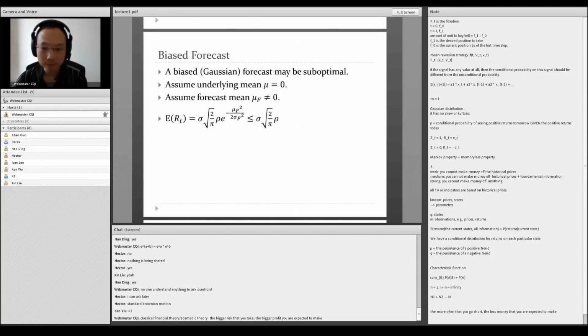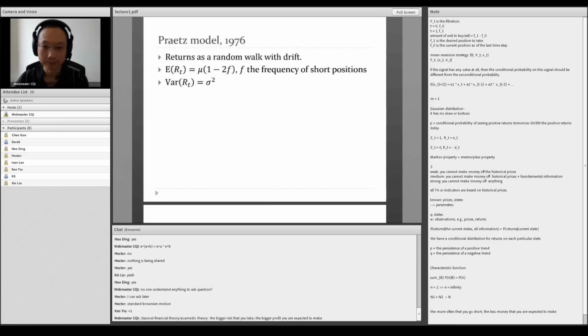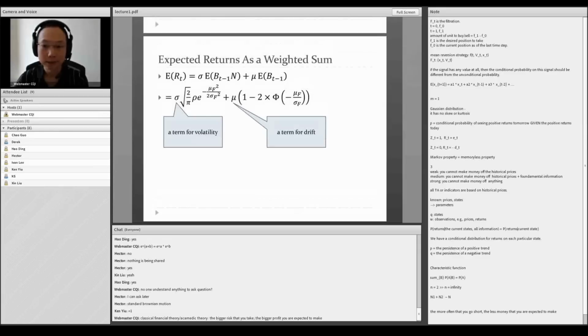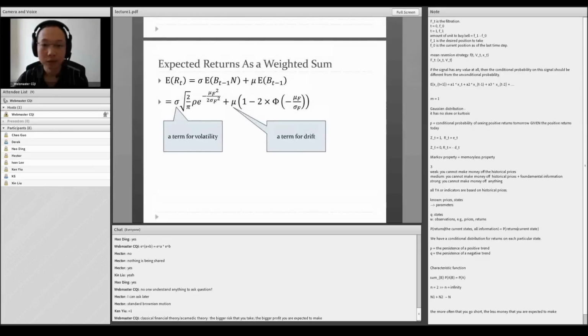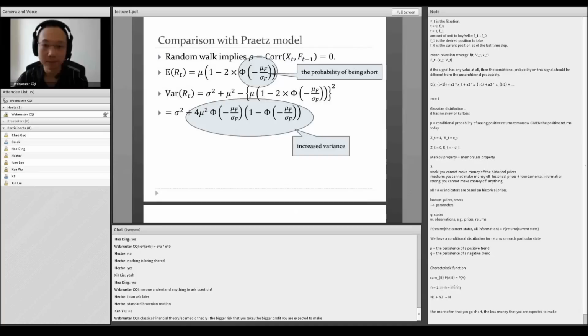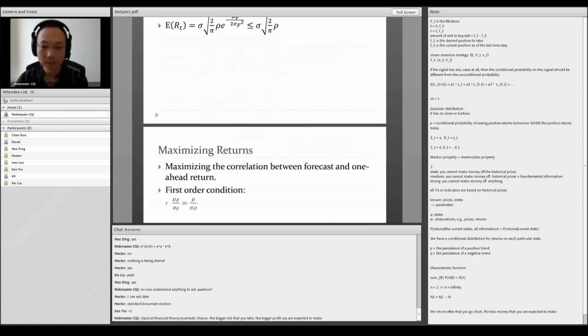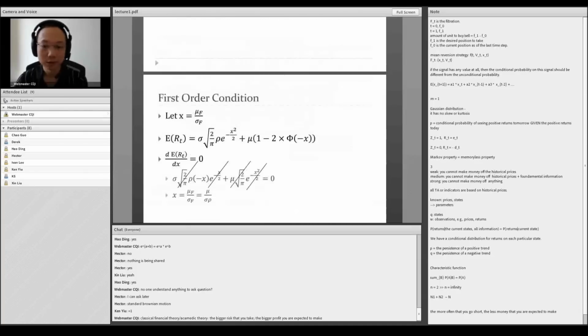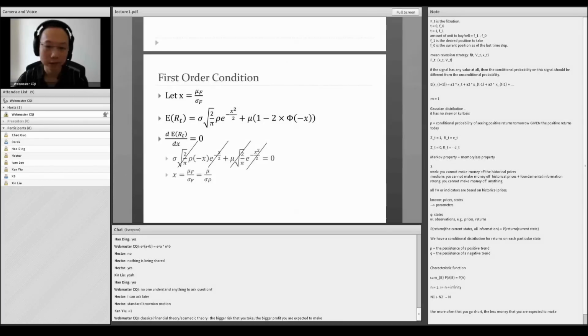We want to maximize the return, so this is the return, right? We take the first order derivative and set it to 0, and then solve for that, and you see that if your technical indicator has this property, mean divided by standard deviation is the same as the mean divided by standard deviation multiplied by rho as in the market, then your indicator is the best.